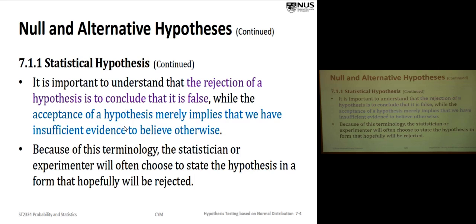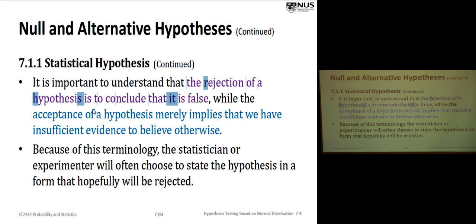And then what we would like to do is to conclude that it's false. So we're going to have a hypothesis, we're going to accept or reject that hypothesis, and we want to construct this hypothesis in such a way that rejecting it is fairly likely a priori.